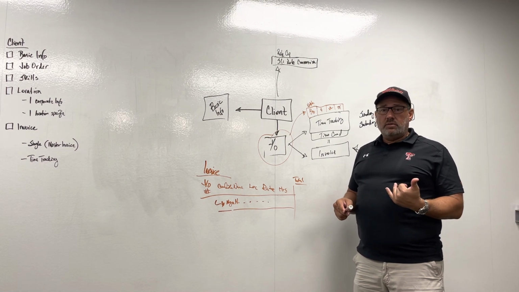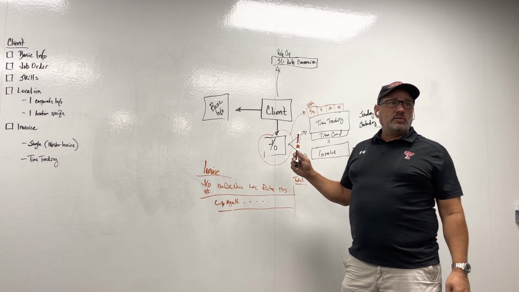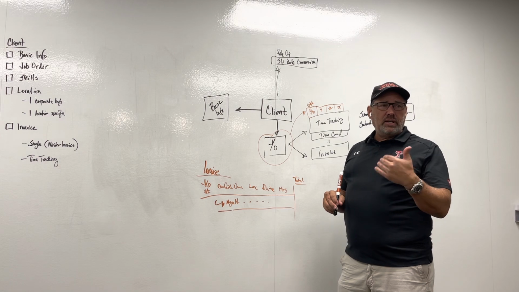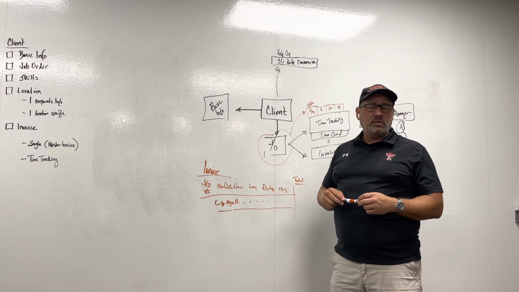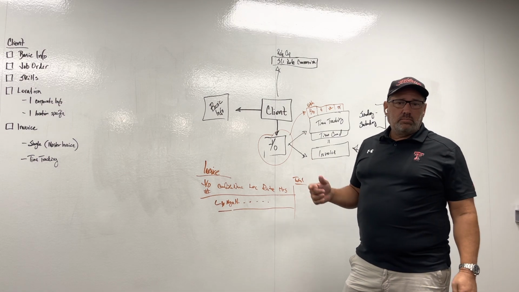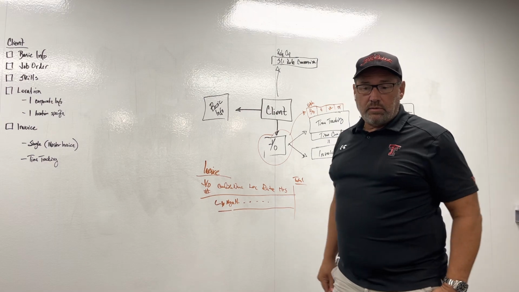And we'll have to have the ability to manage that level of expectation for states like California that require a beyond 8 hour time and a half calculation. So we can go into that in greater detail on a future call. All right, so that's client detail.